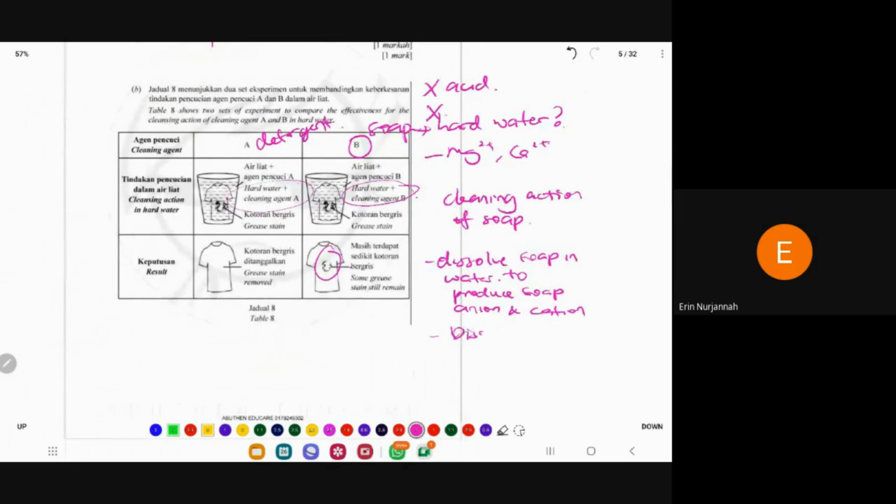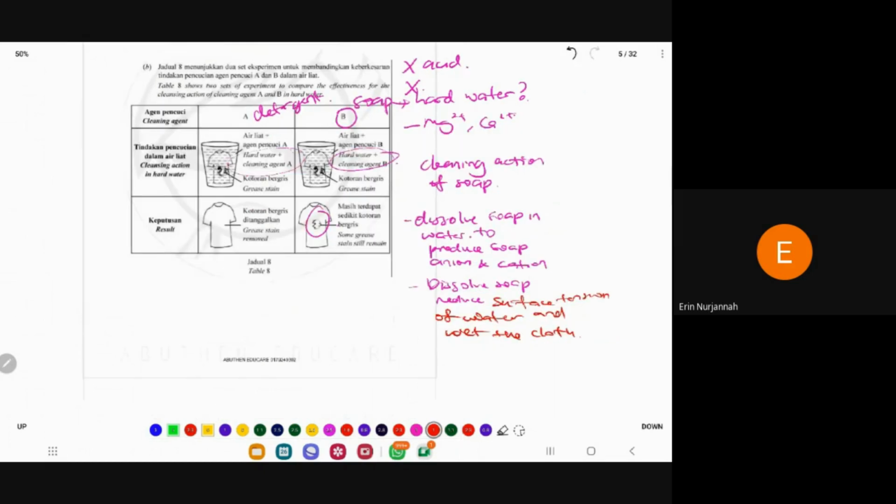Dissolving soap reduces the surface tension of water and wets the clothes. Okay, and then now you can draw.